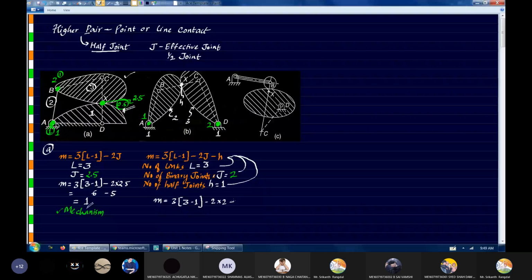So 3 times 2 is 6, minus 4, minus 1. So what do we get here? What does it mean? The mobility is 1 again. So what is it? It is a mechanism. Very good. It is a mechanism, right?